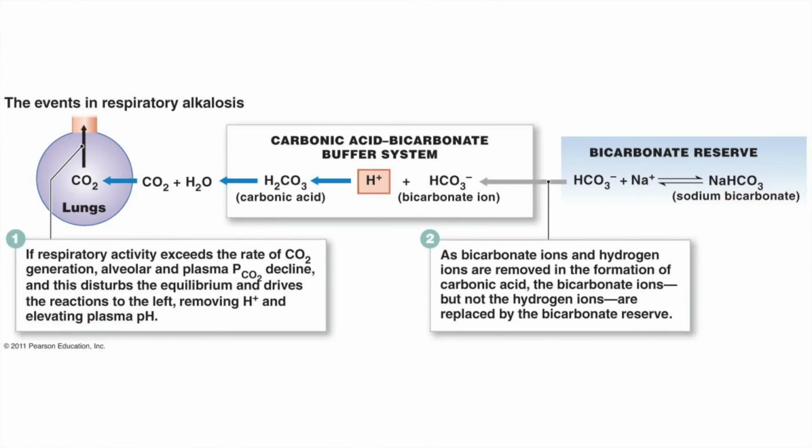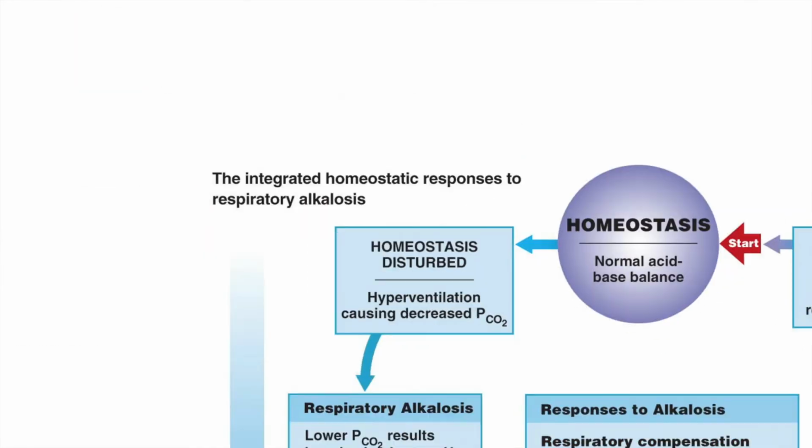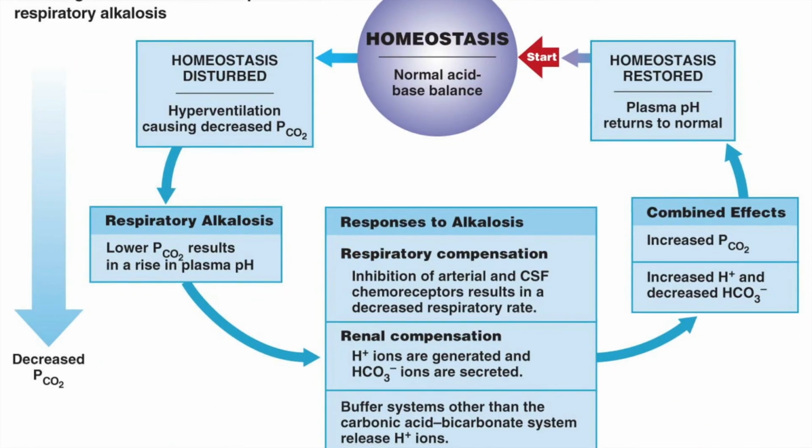We can also have respiratory alkalosis. In the case of respiratory alkalosis, breathing rate is decreased, and in response to this, the kidneys will generate hydrogen ions and secrete bicarbonate ions, and chemical buffers will release hydrogen ions until the levels return to normal.